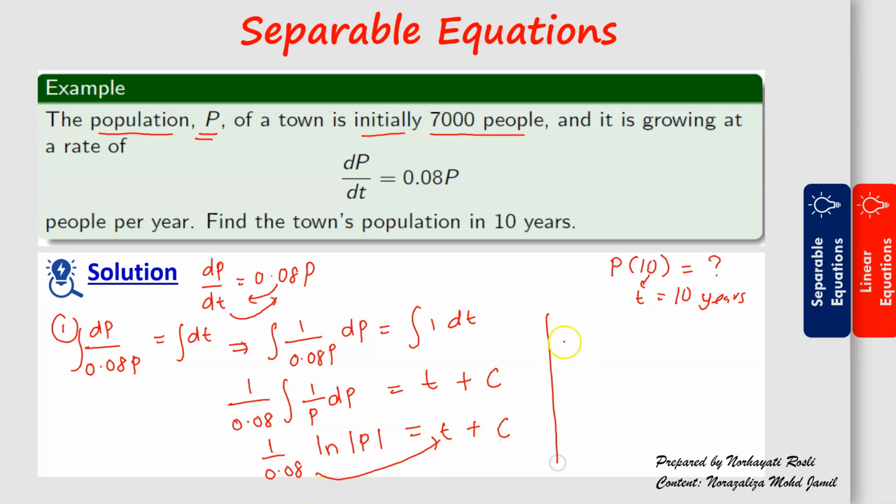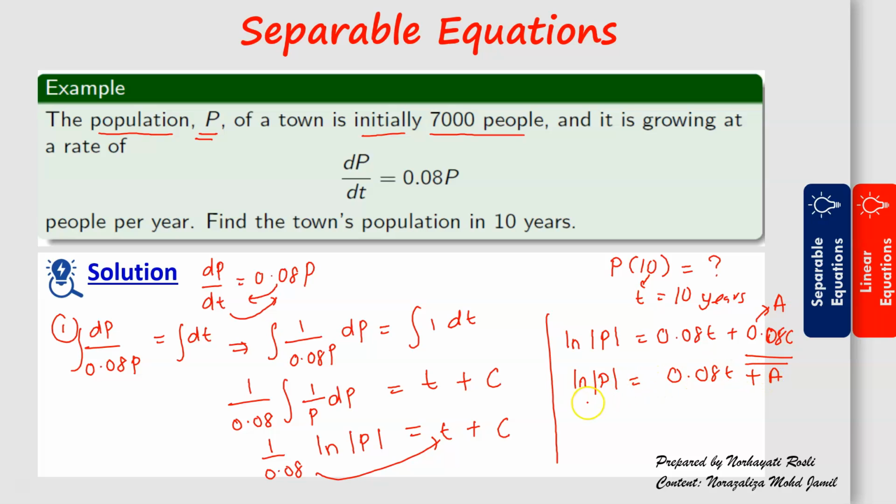So I will have ln P equal to 0.08 t plus 0.08 C. But this one, I can just write as A, because it is just a constant. So I have ln P equal to 0.08 t plus A.